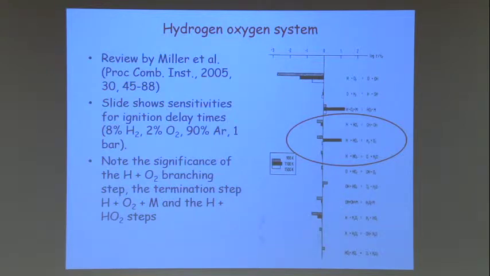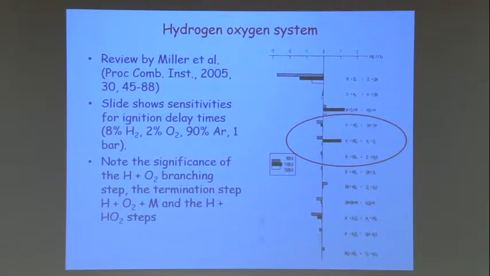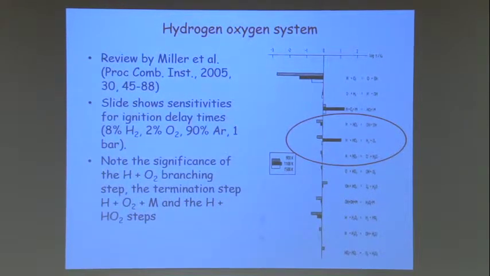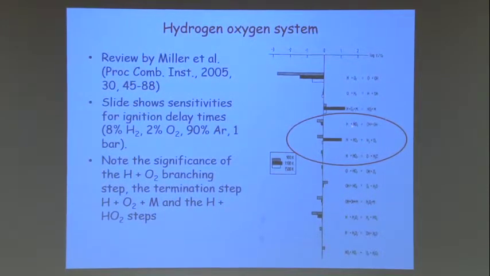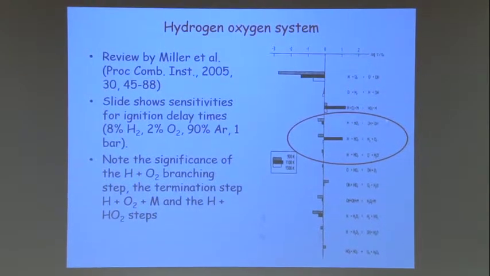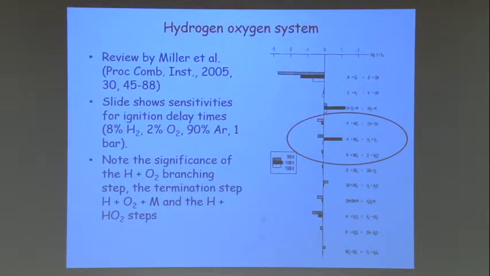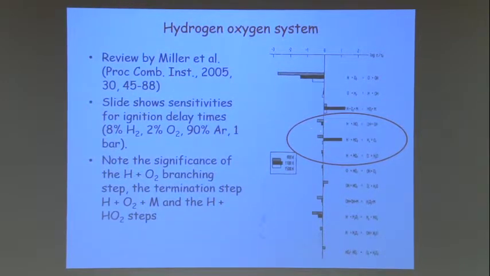And one of the other important sensitivities relates to the reaction between H and HO2. As we said, H is a chain carrier. HO2 is quite a slowly reacting species. And here we've got H plus HO2 forming two OHs, so we get a negative sensitivity over here because it's shortening the ignition delay time.